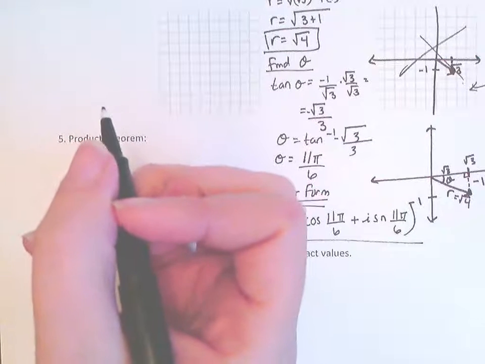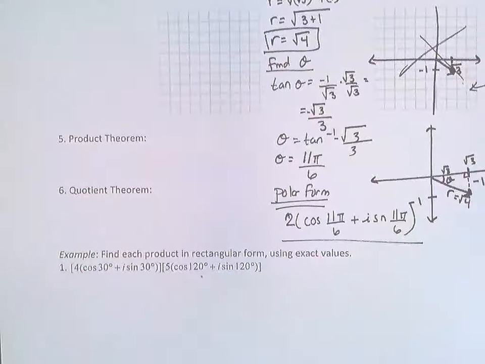Next up, we have to do the product theorem and the quotient theorem, and then we want to find each product in rectangular form using exact values.